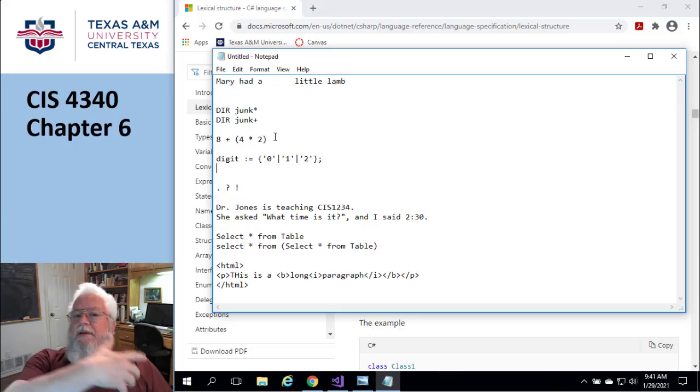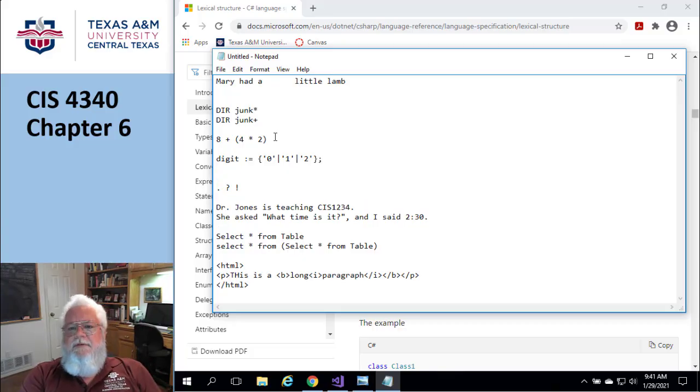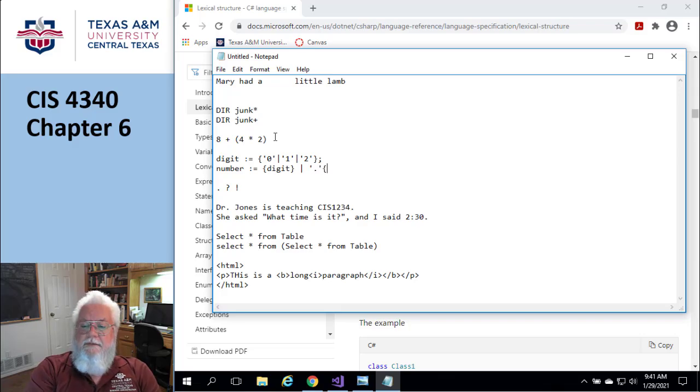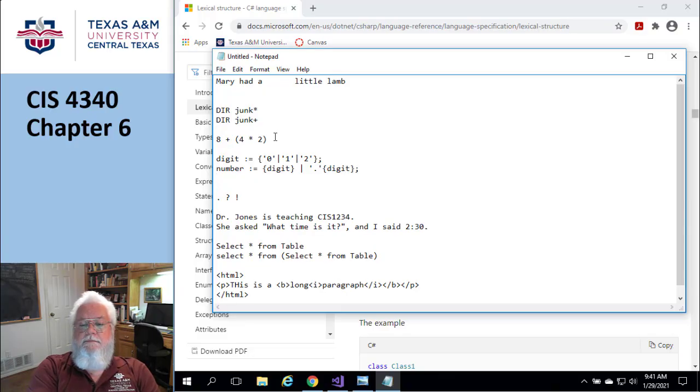But are numbers only made up of digits? Well, sometimes they're not. So a number could be equal to a digit, or it could contain a dot followed by some more digits. Like that. So what's an operator? Well, an operator is going to be equal to a plus sign. Right?